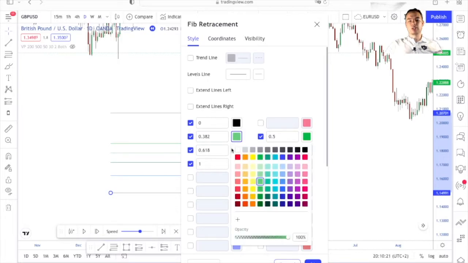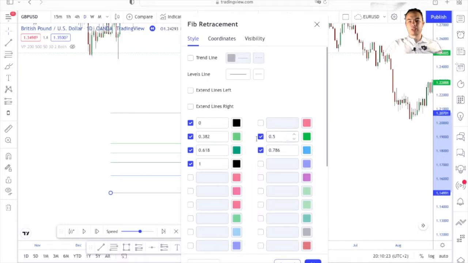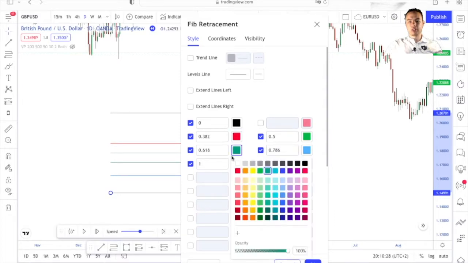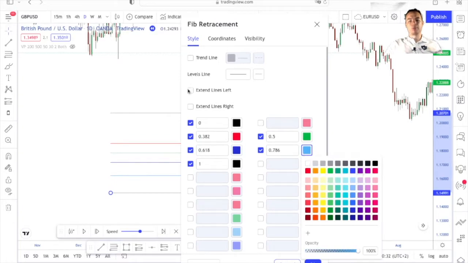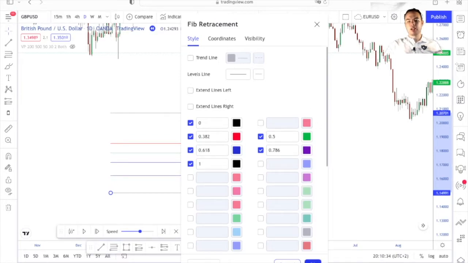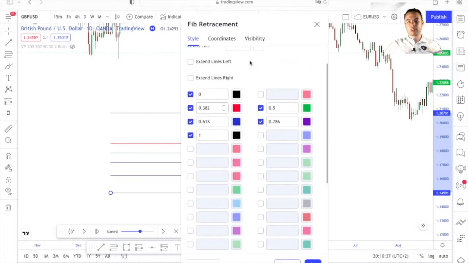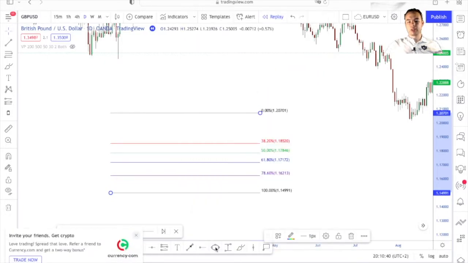We can leave them as is, or let's make them each a different color. So red, that can be green, that can be blue, and that can be purple, whatever. And all of that is right. Okay, awesome. Click OK.